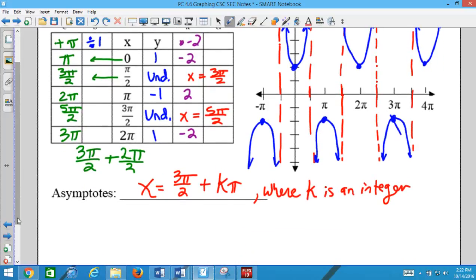It would totally be fine to also start at the first positive one from your graph. You don't have to start at the one from your table. You can start at pi over 2. Either of these would be acceptable answers. I'm just using the table to do it, but you could use the graph to do it.